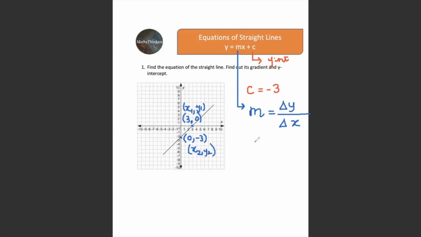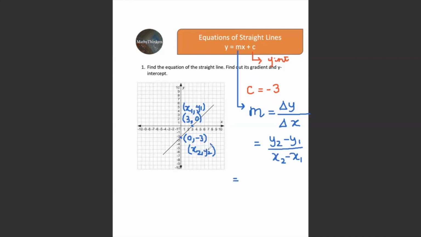We'll take a difference of the y values as the numerator and divide it by the difference of the x values. This is my denominator.